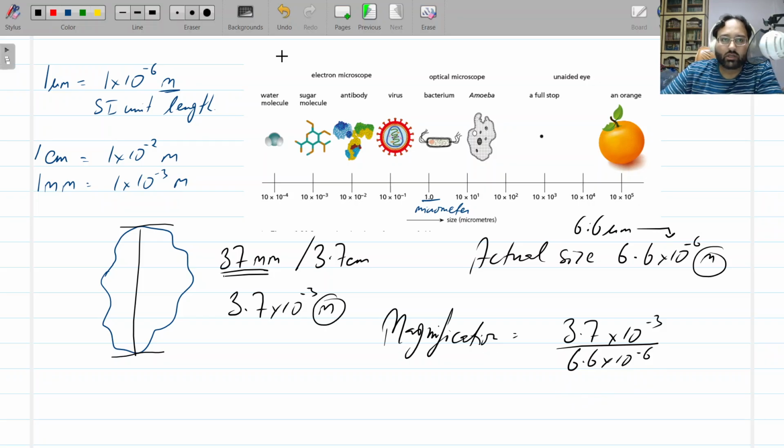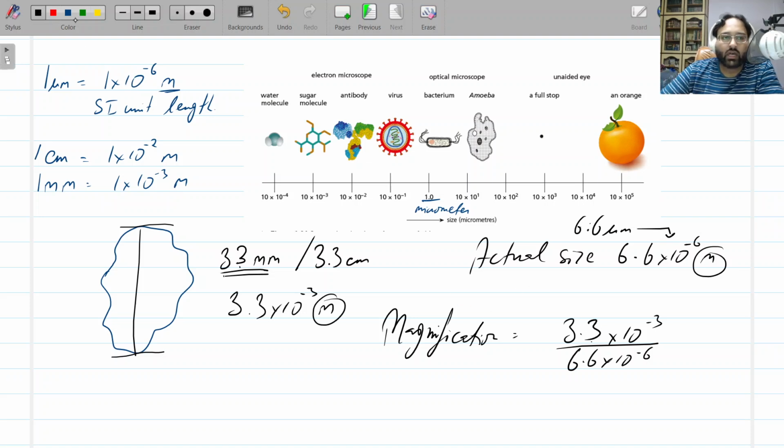For the sake of making this calculation easier, I'm going to make this 3.3, so I can do it very quickly.